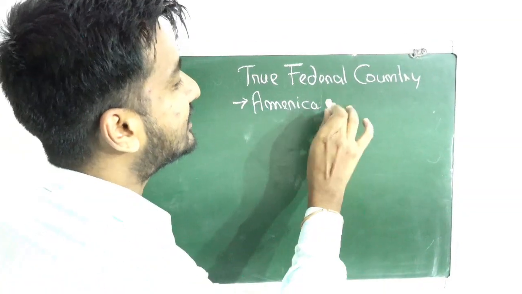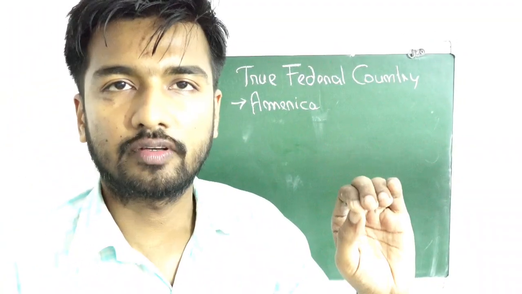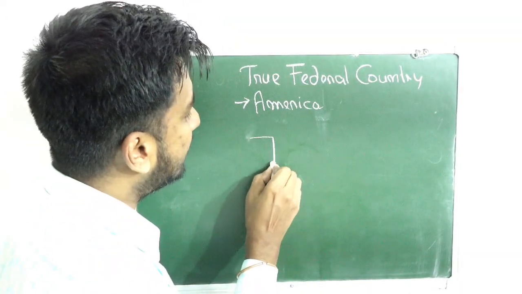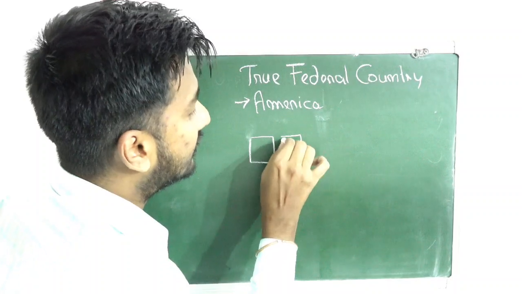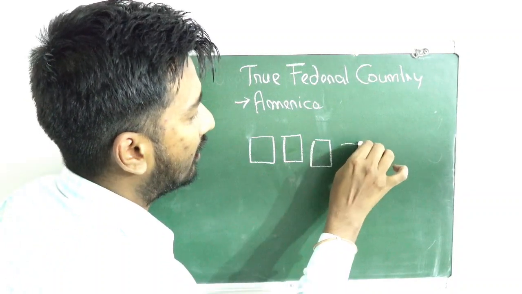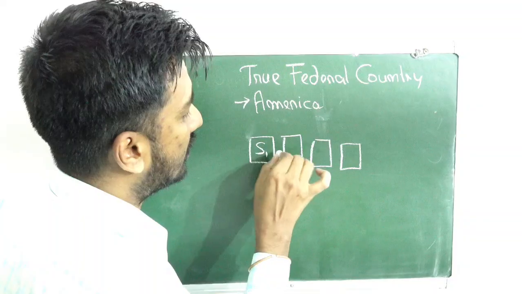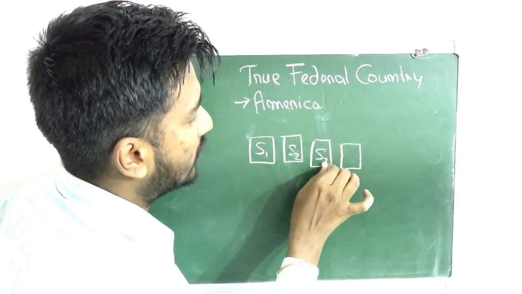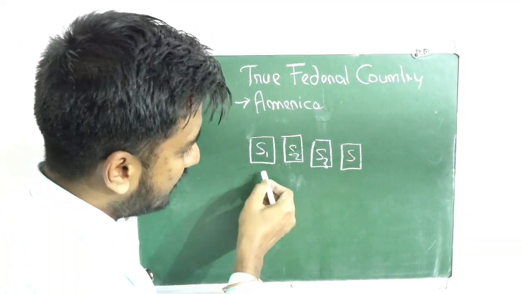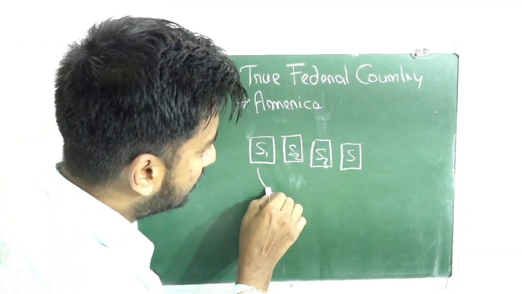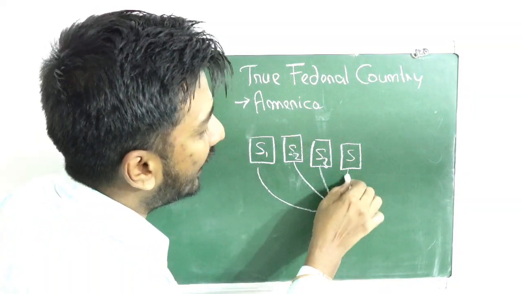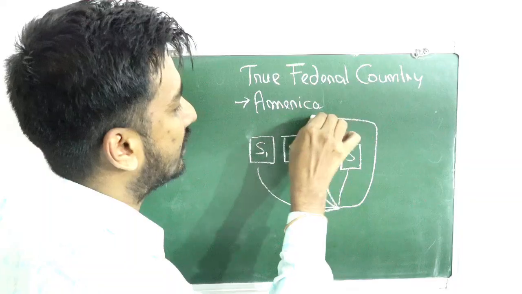Now, America is known as the United States of America. For example, in the past, there were different states in the region of America: S1, S2, S3 and S4. And once, they decided that they wanted to unite and form a country.